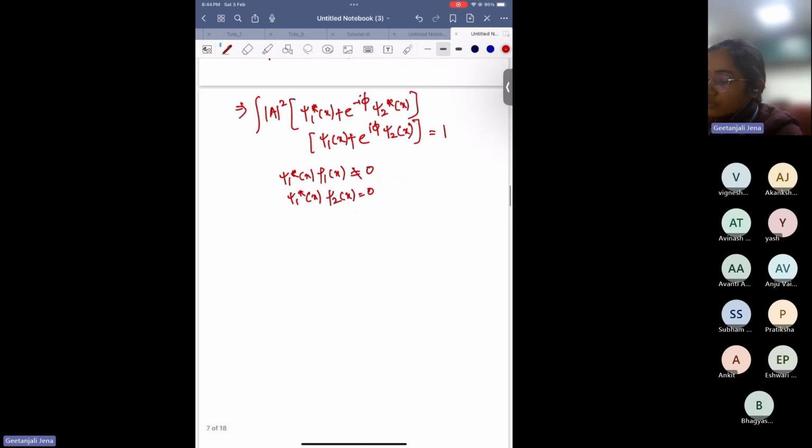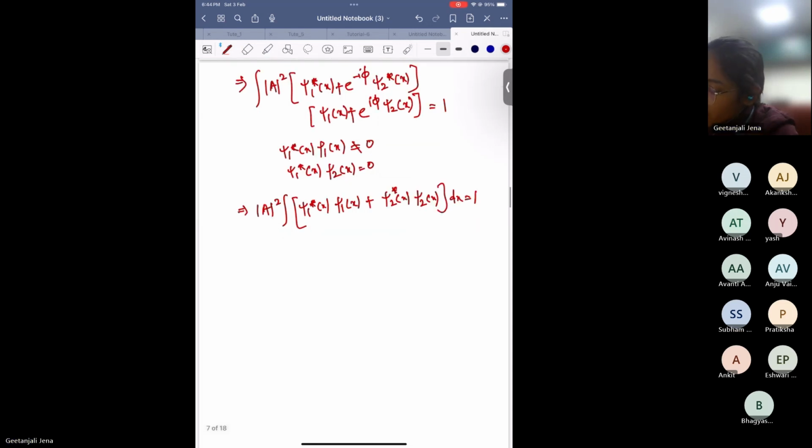So you just have to take the terms which are non-zero. So this is |A|² times the integral of (psi 1 squared plus psi 2 squared) dx equal to 1.